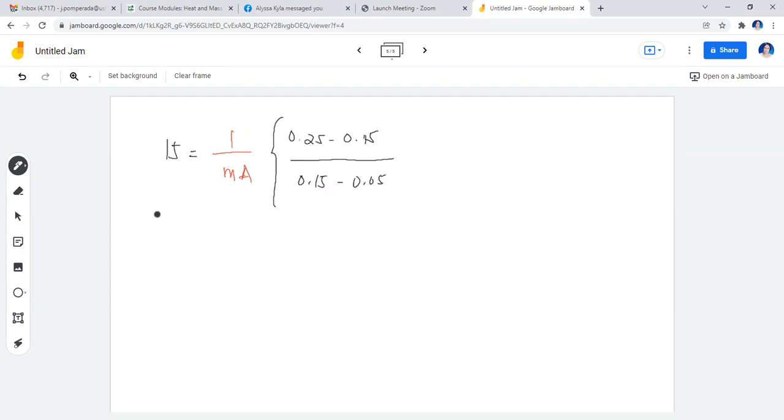Okay, then we have to add to this the ln of critical moisture content 15 minus the equilibrium moisture content, and then the final moisture content, which is 10%, and the equilibrium moisture content.